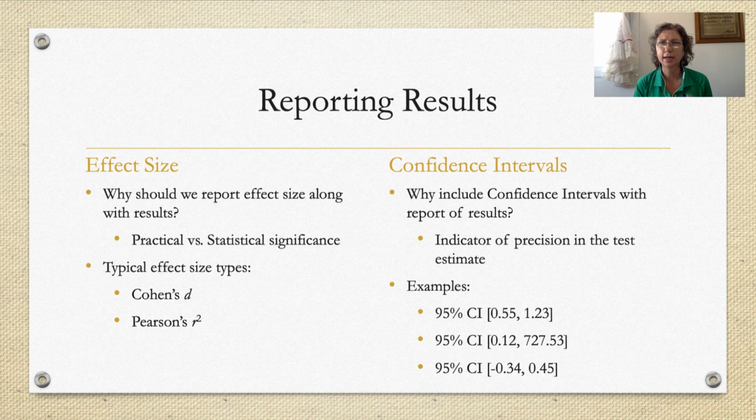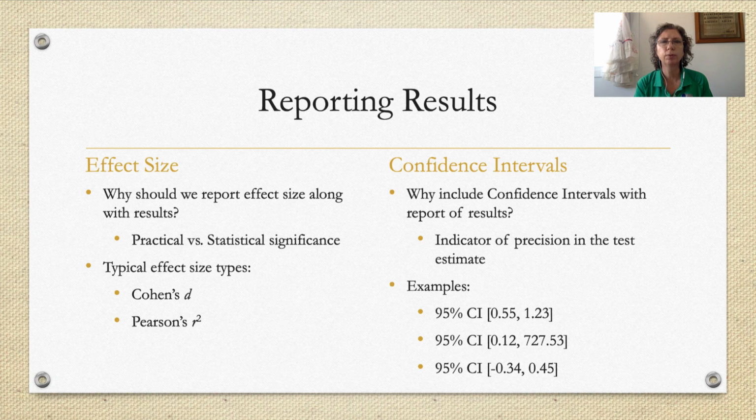Now, why is that? Well, just because an estimate is significant does not mean that it's impactful. It goes into the conversation about practical versus statistical significance. Just because we have a test estimate that's less than p .05 does not mean that it has an impact in the world.